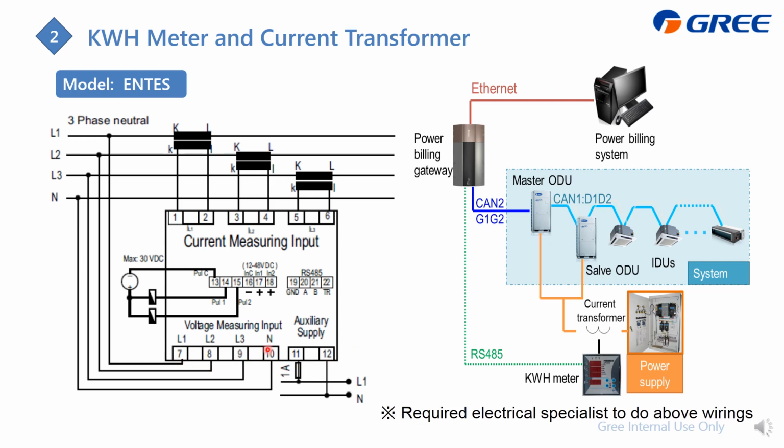Then here is the power supply for this power meter, and then you need to transmit the data from this RS485 signal 20 and 21. And of course, for this wiring, we recommend to do it with an electrical specialist.